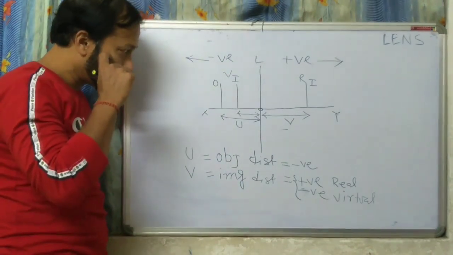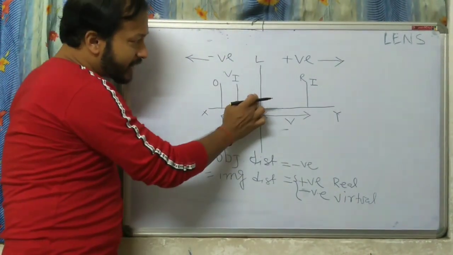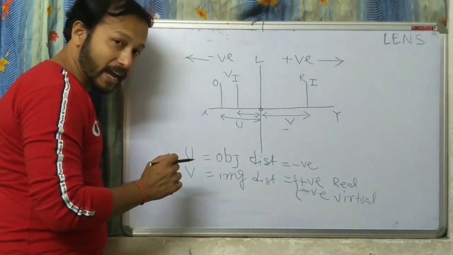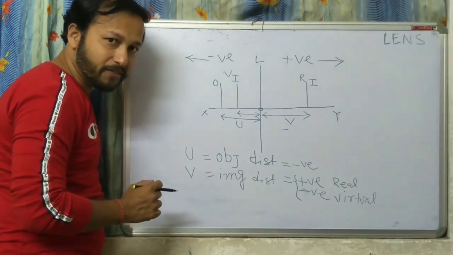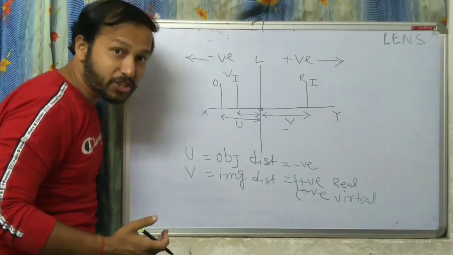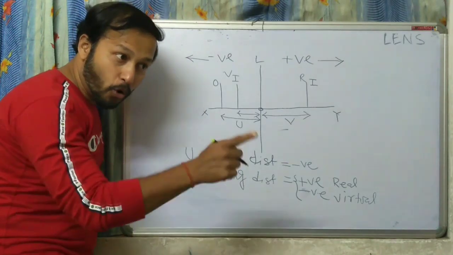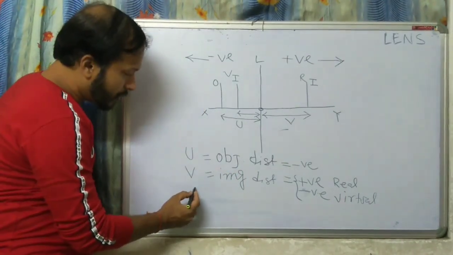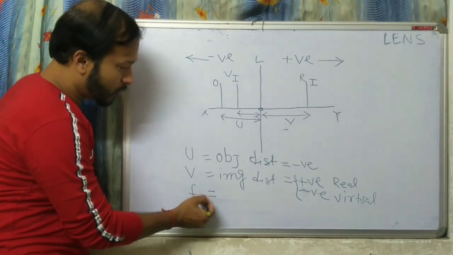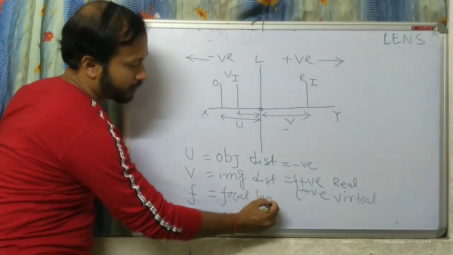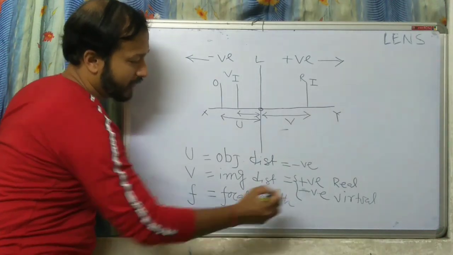Now, if it is a convex lens, then focal length, you know that focal length means the distance between pole and focus point. So F means focal length.